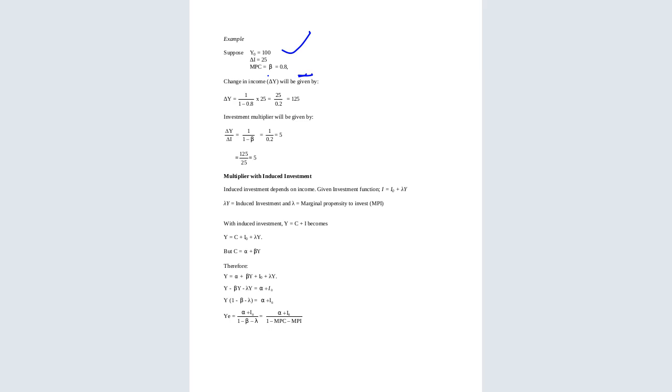We said the change in income would simply be equal to the multiplier times the change in investment, or times investment in simple terms.